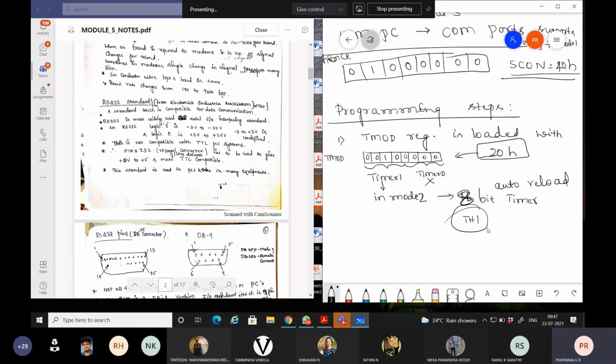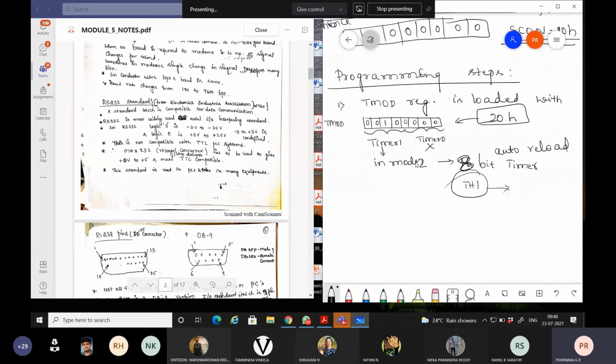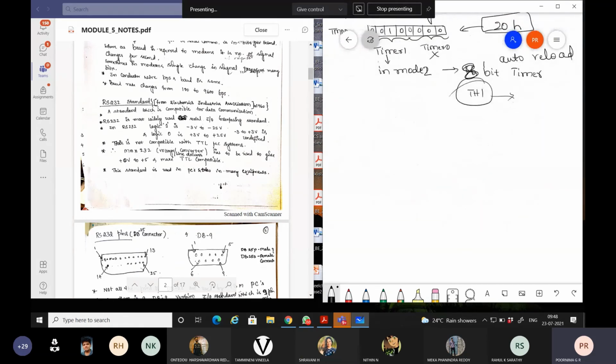Whenever the TH value is set, it should be automatically reloaded for transmission as well as reception. Hence we first load TMOD with 20H.